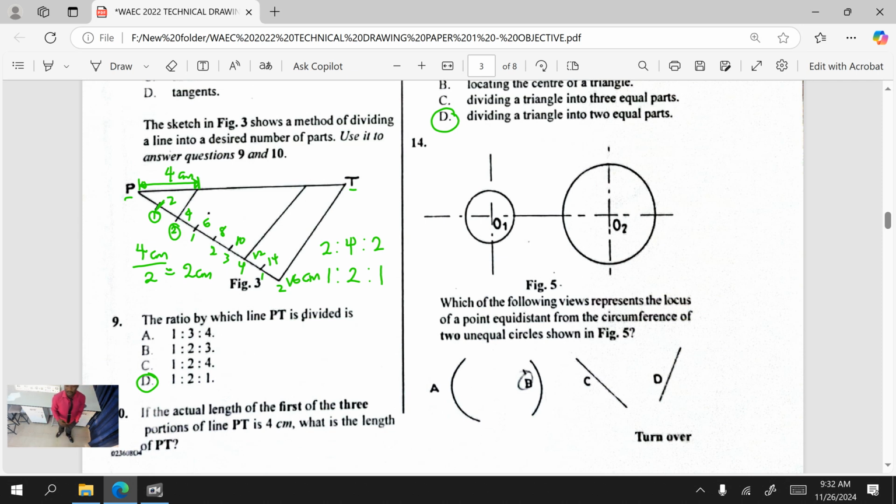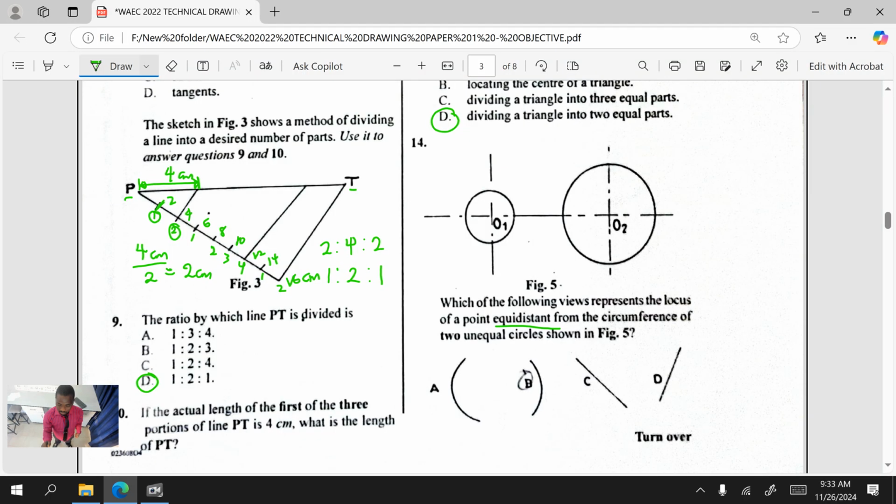Number 14. Which of the following views represent the locus of a point equidistant? Equidistant here means what? It means equal distance from the circumference of 2 unequal circles.